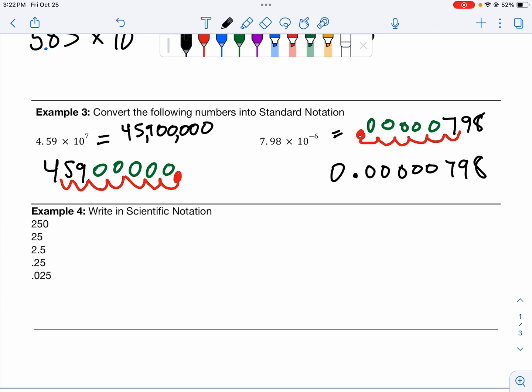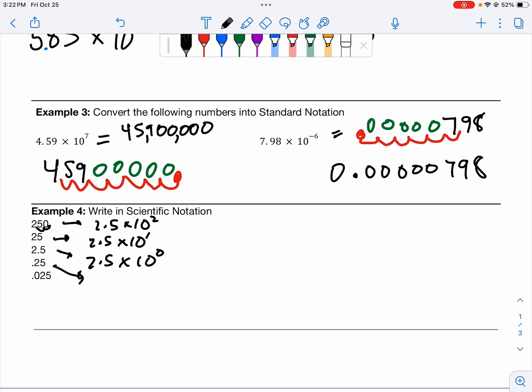All right, so write in scientific notation. Okay, 250. This is 2.5 times 10 squared, because if I start the decimal place there, I move it once, twice. Then this is 2.5 times 10 to the first. This is 2.5 times 10 to the 0.